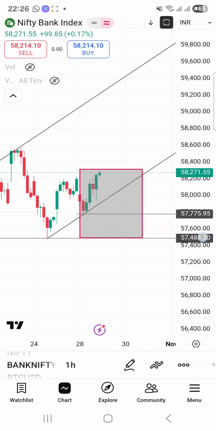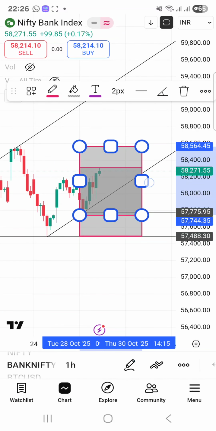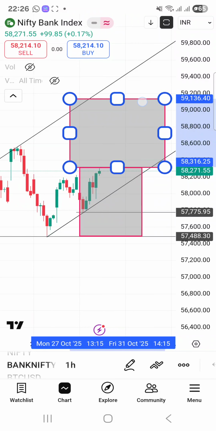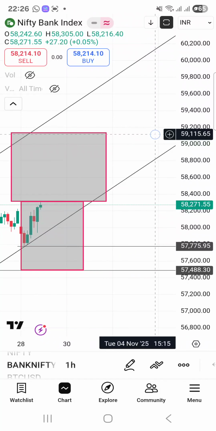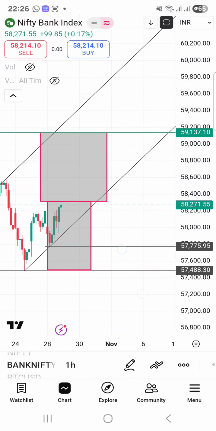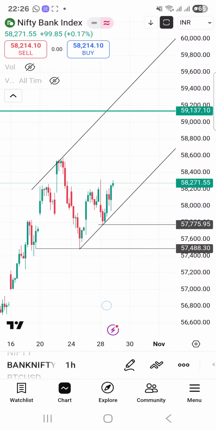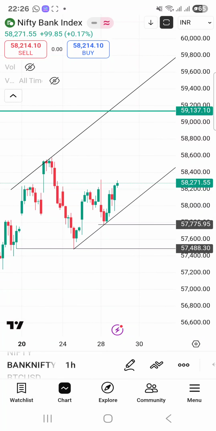You simply double this range and you see that we obtain this high. So as per my analysis, the price has a good chance to reach 59,137, which is this point.